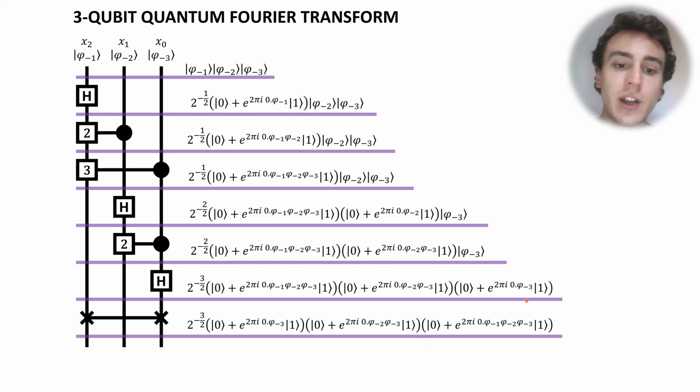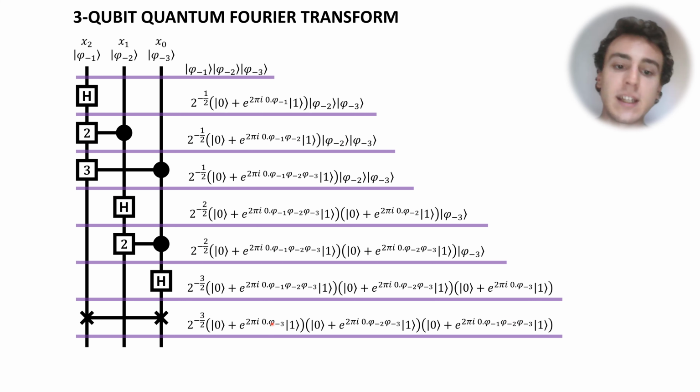And this over here, this is the definition of the quantum Fourier transform in tensor product form. So we have this tensor product form of the 3-qubit quantum Fourier transform. You can see first we have phi sub minus 3 by itself, and then we add in phi sub minus 2 at the front, and then we add in phi sub minus 1 and phi sub minus 2 out the front.